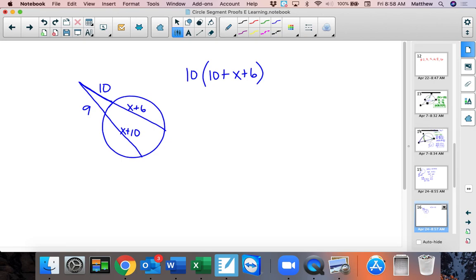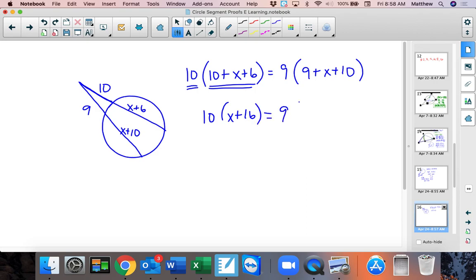Can't tell you how many times the most common mistake would be to say 10 times x plus 6. That was when they intersect inside. When it's outside, it's the outside times the whole length equals outside 9 times the whole length. So 9 plus x plus 10. And we simplify, so we've got 10 times x plus 16 equals 9 times x plus 19.